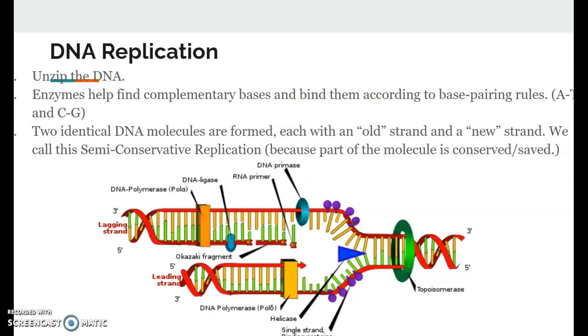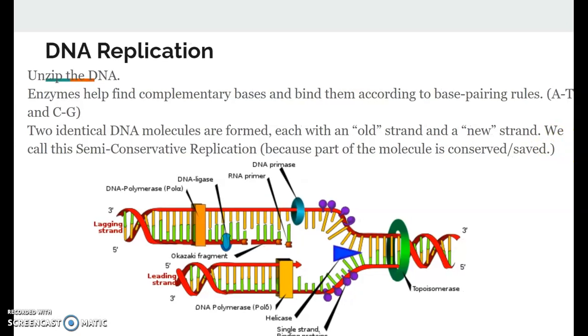Enzymes help find complementary bases and bind them according to the DNA base pairing rules. According to the DNA base pairing rules, A to T, at, and G to C, Golden Corral.